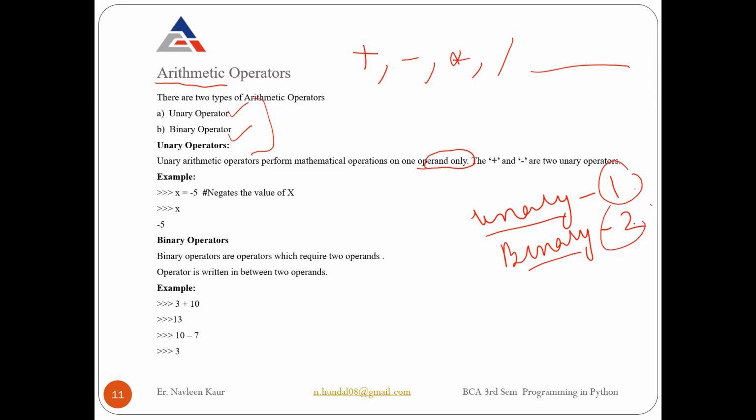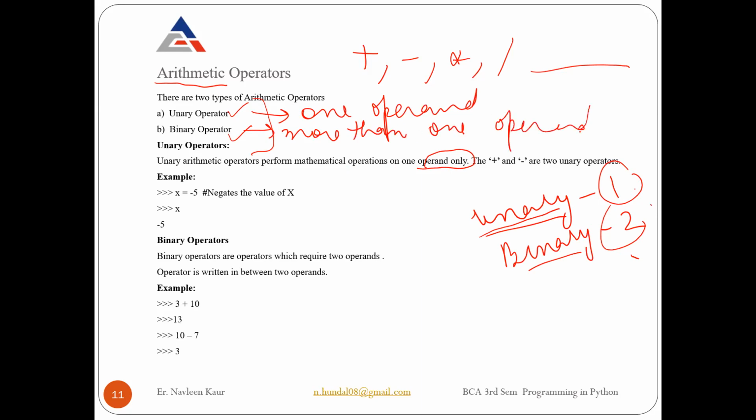A unary operator works on one operand, one data. Binary works on two operands.